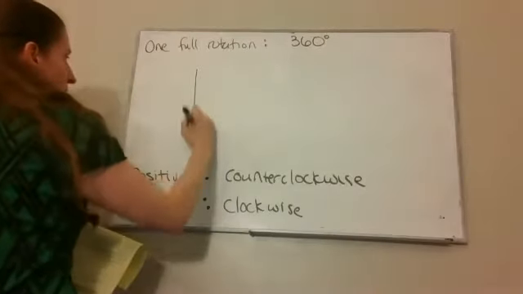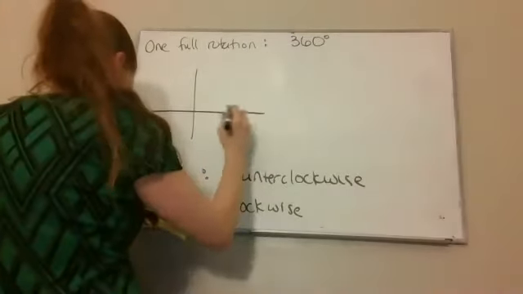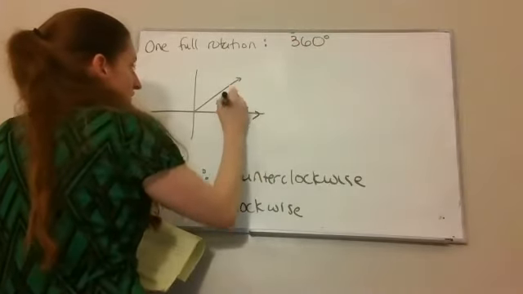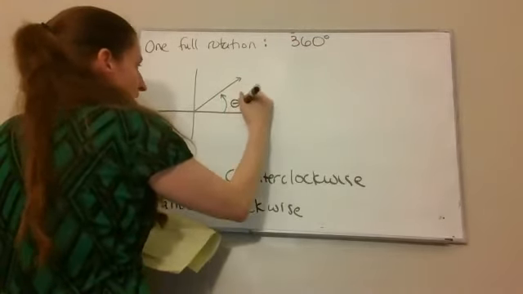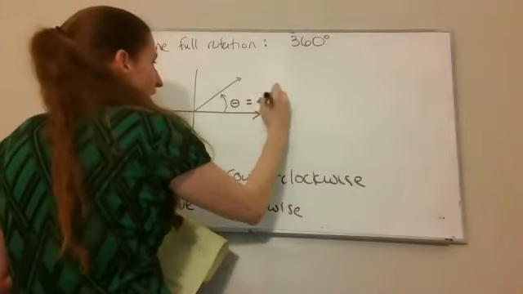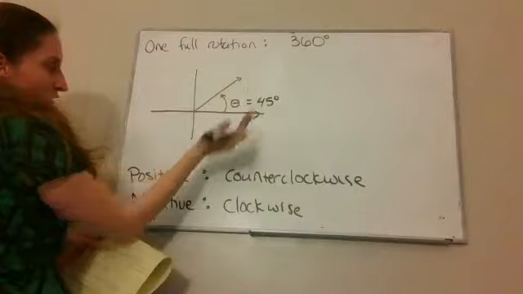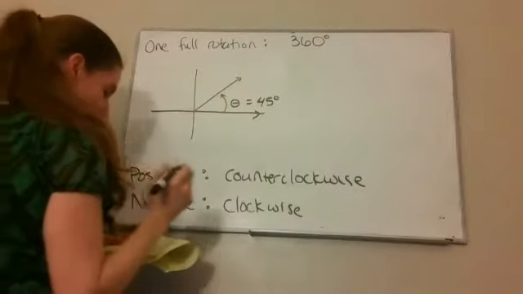So for example, if I have this angle here, theta, this is 45 degrees. It's positive because I'm going counterclockwise from where it started initially.